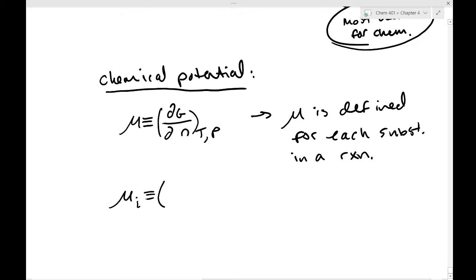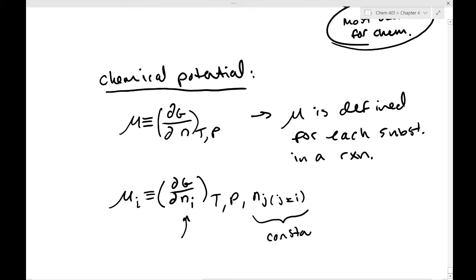So we can write mu_i as the change in G with respect to the change in n_i, where T, P, and n_j, where j is not equal to i, are constant. In this case, only the ith substance is considered, and all other substances are constant. So it's only one substance at a time that's considered here.